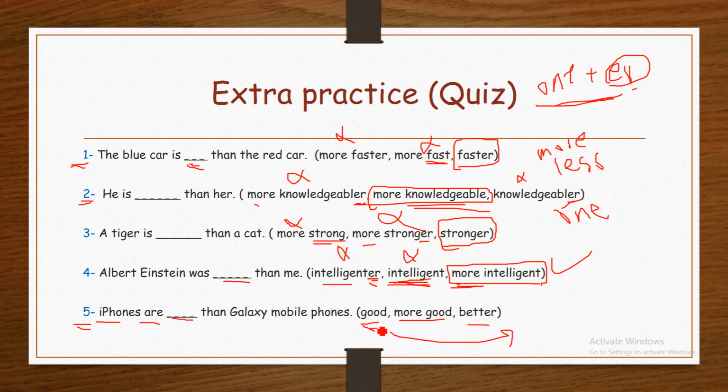Good here is in the adjective form while we need a comparative form. Therefore, this is completely wrong. More good is also wrong, because good is an irregular comparative. Good becomes better. Therefore, better is the correct answer. iPhones are better than Galaxy mobile phones.